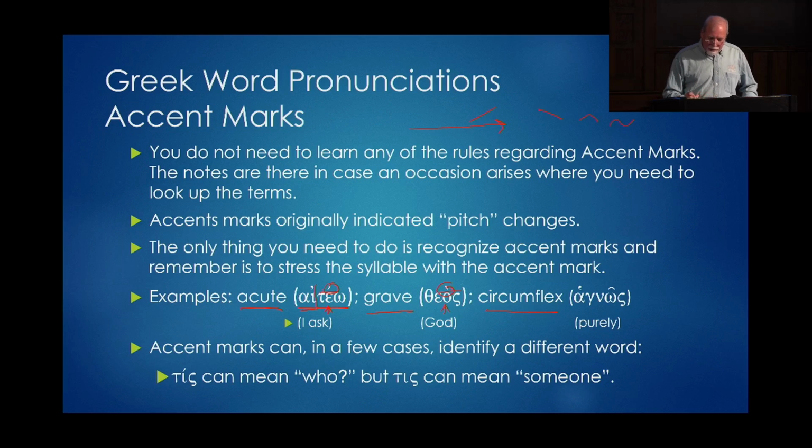Now, in the same way as we saw the breathing marks can sometimes be useful in identifying a word. Sometimes, in a few cases, it doesn't happen very much at all, but there are times when you have to pay attention to the accent mark because you have tis, or tis rather. Tis can mean who or what. It's asking a question. When you see that accent mark over tis, you can kind of put a question mark over the top of it.